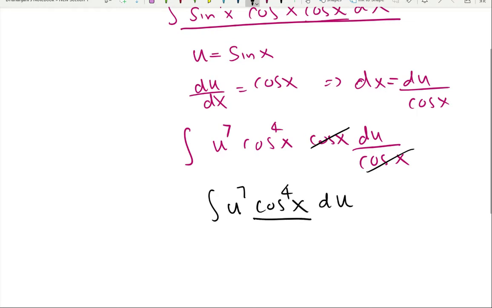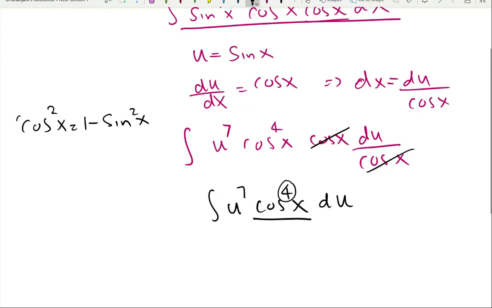Now I shouldn't have x here, right? X as a variable. I need to convert that to u, and then we use the Pythagorean identity, my friends. Always use the Pythagorean identity. Here we know by the Pythagorean identity cosine square x is 1 minus sine square x. Now we have cosine to the power 4. How can we create that?